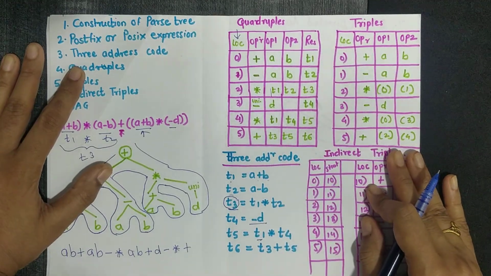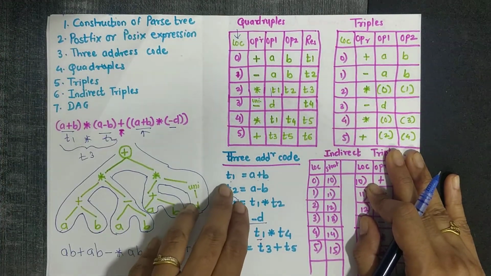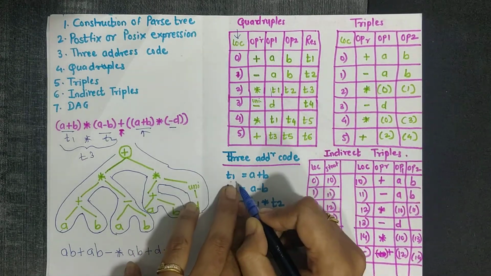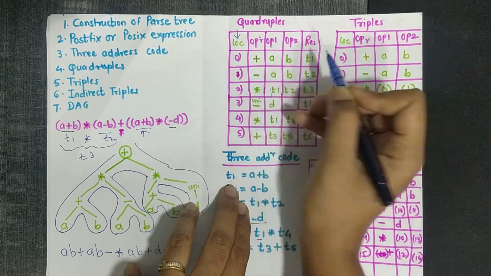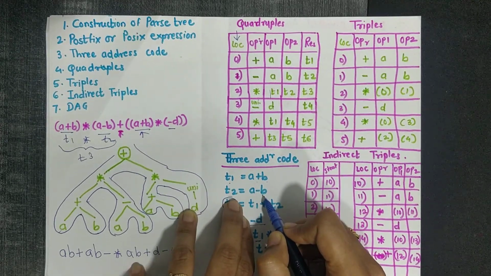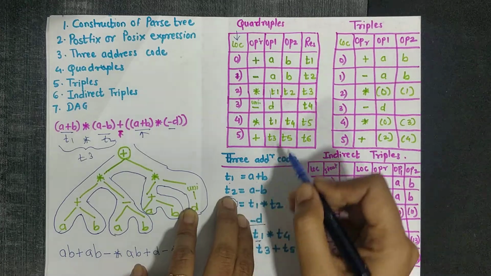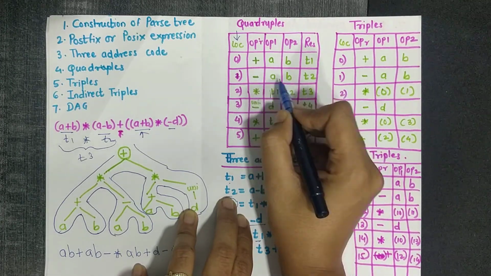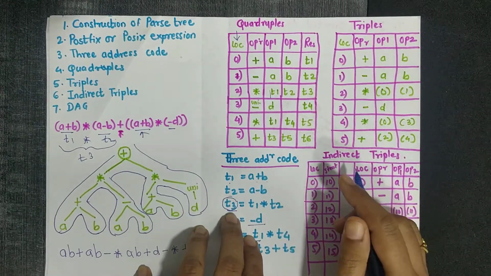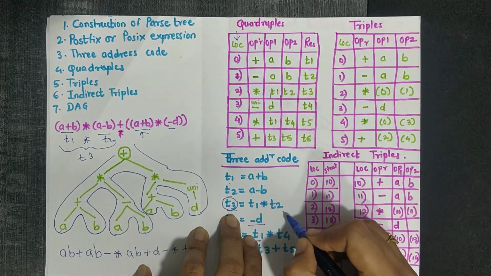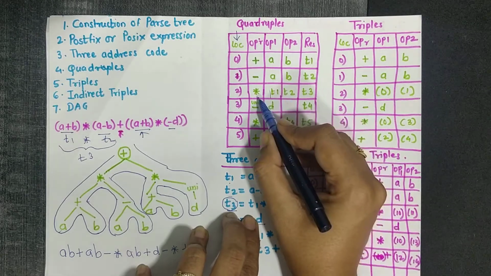What does our first statement give us? That is a plus b assigned to T1. Plus is the operator, a and b are the operands, the result is T1. A minus b is assigned to T2. Minus is the operator, the operands are a, b and the result is T2. Then T3 gives you T1 into T2. What is the operator?